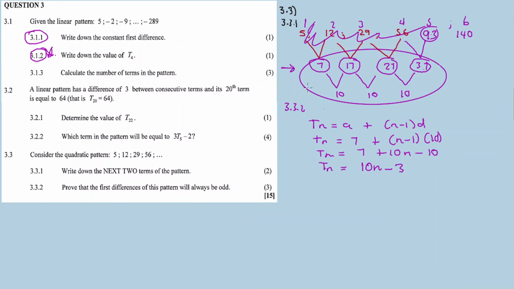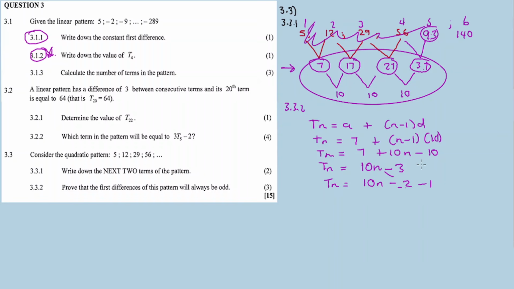So this takes a little bit of imagination. We're going to manipulate the equation. This is what Tn is equal to: 10n minus 2 minus 1. What is minus 2 subtract 1? Negative 3.